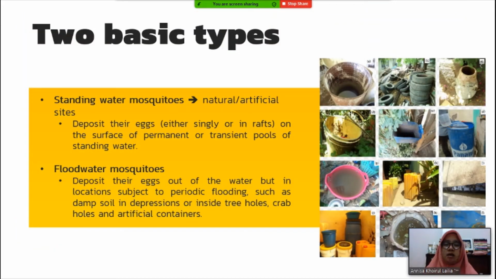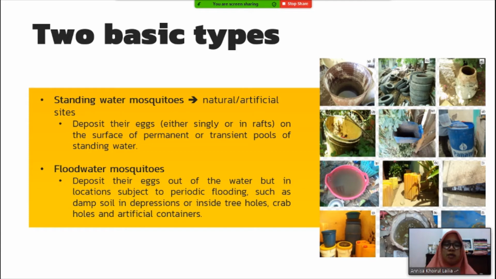Okay, so how can we differentiate the mosquito larvae based on their habitats? Mostly we can divide them into 2 basic types of mosquito. The first is standing water mosquitoes and then floodwater mosquitoes. For the standing water mosquitoes, you can differentiate between natural and artificial sites.